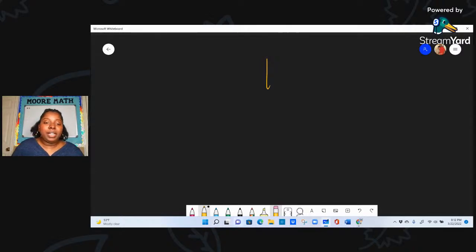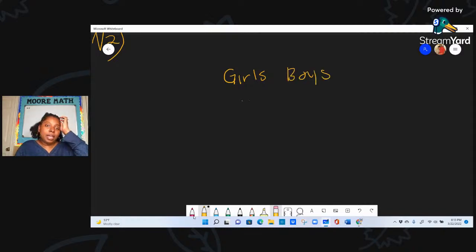Okay, so a ratio, you can write it three ways, right? You can write it as a fraction. So if the ratio of girls to boys is 3-2, we can write it with a semicolon, we can write it in words, or we can write it as a fraction.